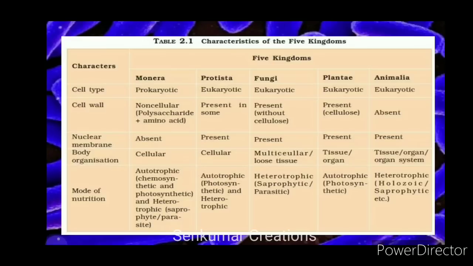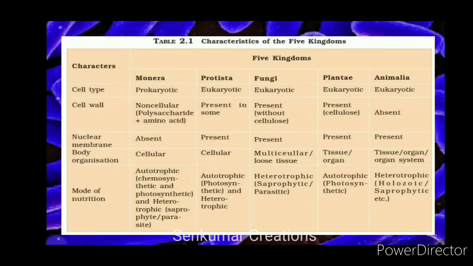A group of autotrophic organisms is also present, and it can be classified into two types, chemosynthetic and photosynthetic organisms. Chemosynthetic use chemicals to produce food, and photosynthetic, we know, use sunlight to produce starch. And heterotrophic: some of the Monerans depend on other organisms for food. They are unable to produce their own food by the process of photosynthesis. Saprophyte we know very well.